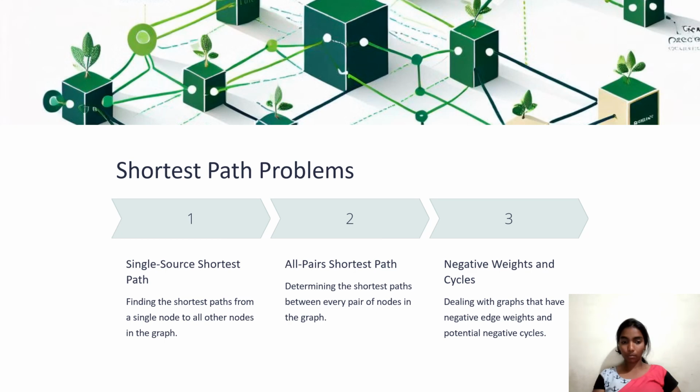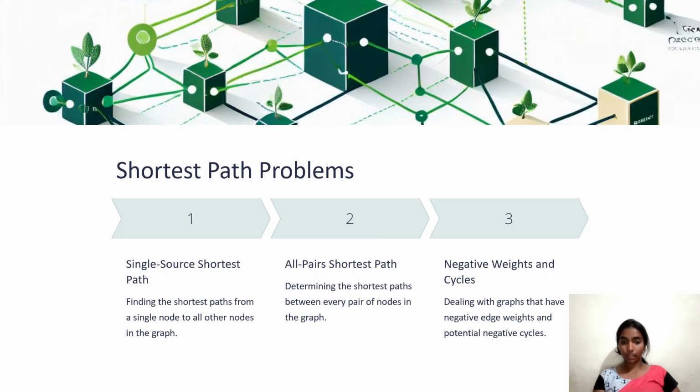Shortest path problems. Three types are there. First one is single source shortest path, second one is all pairs shortest path, and the third one is negative weights and cycles. First one is single source shortest path. This is finding the shortest paths from a single node to all other nodes in the graph.